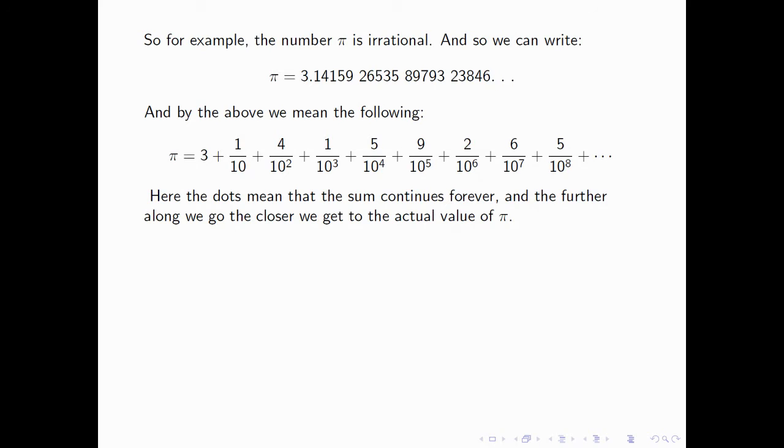And so the more of these decimal places we include, the closer we get to the actual value of pi.